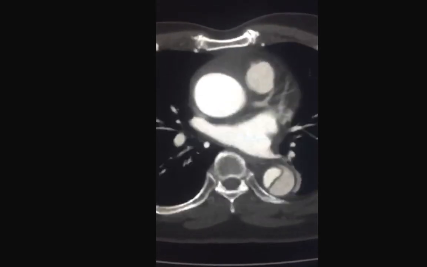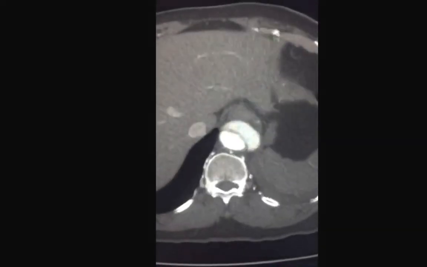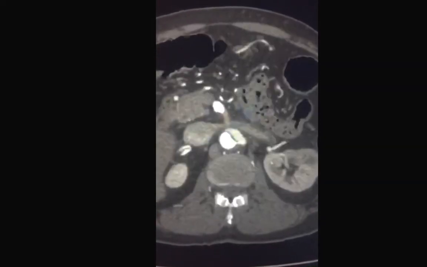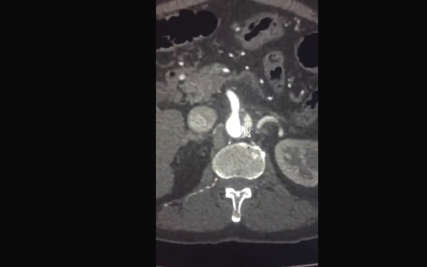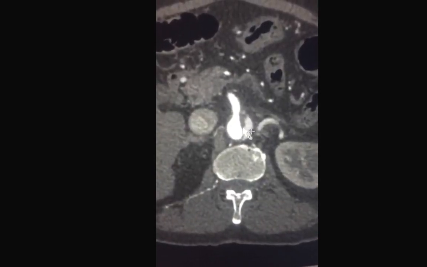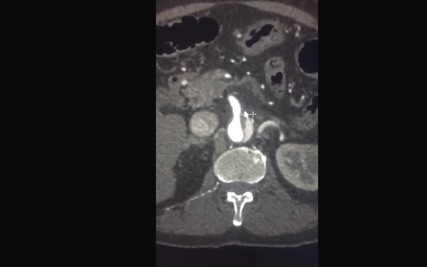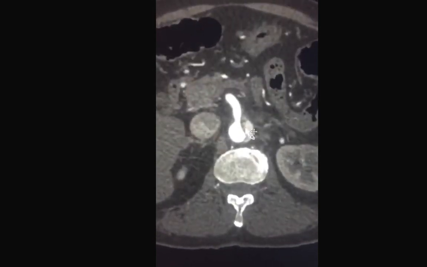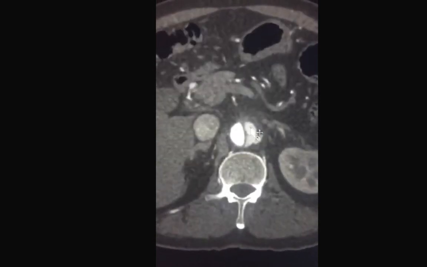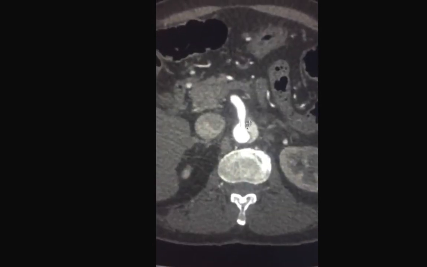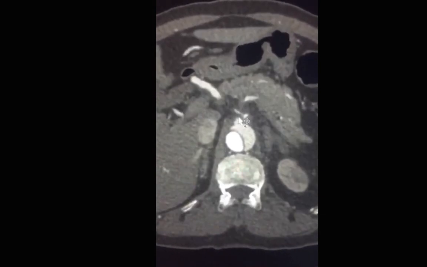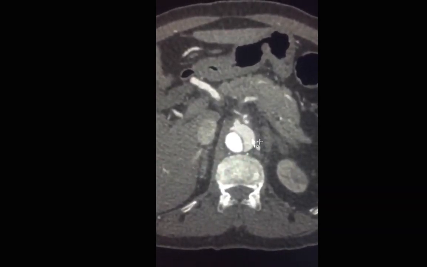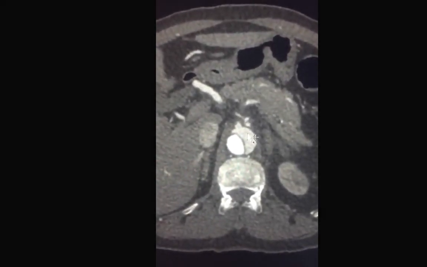Now, to complete the case, you probably noticed that the dissection extends all the way inferiorly as well through the descending thoracic aorta. This is a part within the descending aorta where the false lumen is partially thrombosed, and it also extends into this vessel here. This is the superior mesenteric artery. If you go higher above, you'll notice that the celiac artery arises from the false lumen.